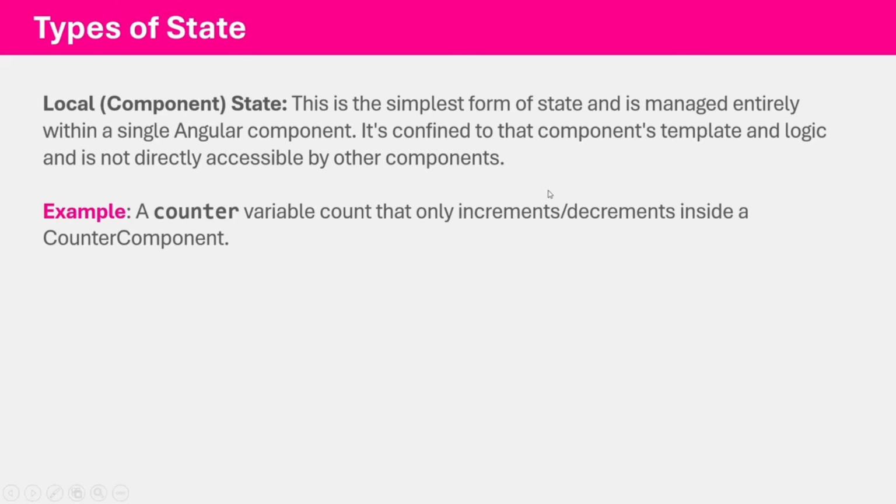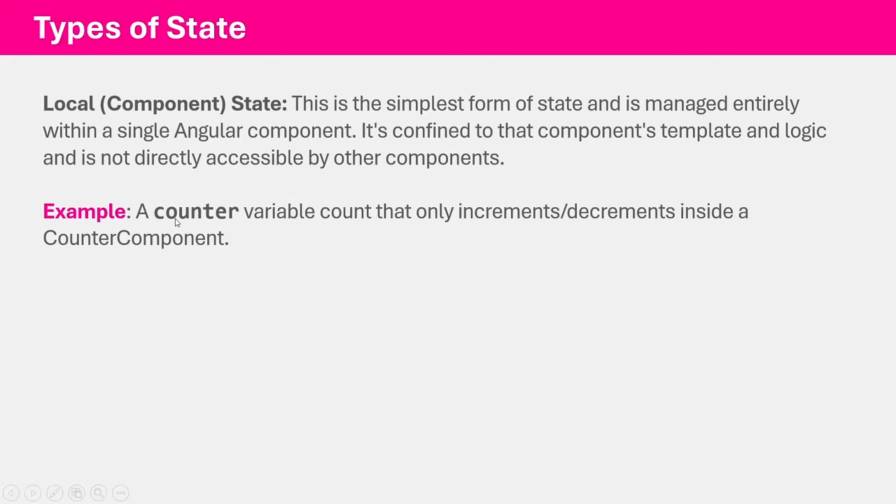So for example, we have a counter component inside which we are creating a counter state, and the value of this counter state will be used only inside the counter component of our Angular application. Its value will not be used in any other component. In that case, this counter state will be a local state.